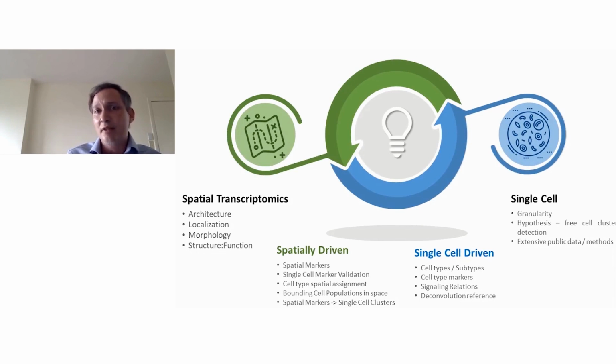We have seen a very big difference when using, for instance, atlases from healthy tissues versus atlases we create for our specific pathology and applying them on the spatial. We get our signaling relations and our deconvolution reference. And then on the spatial, we get the architecture, the map. We can bound cell populations in space, and we can do spatially aware signaling networks.